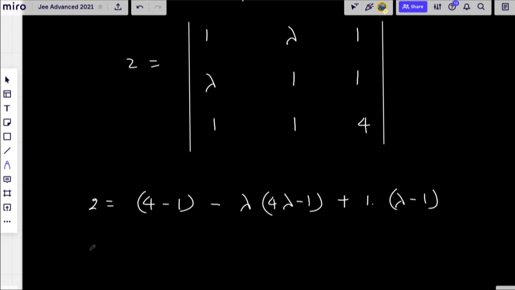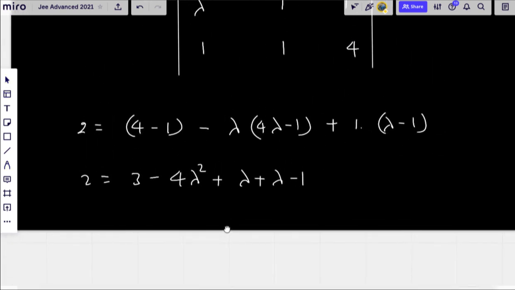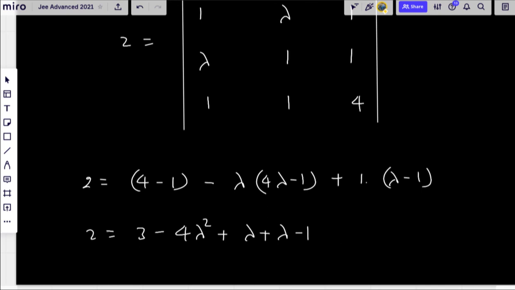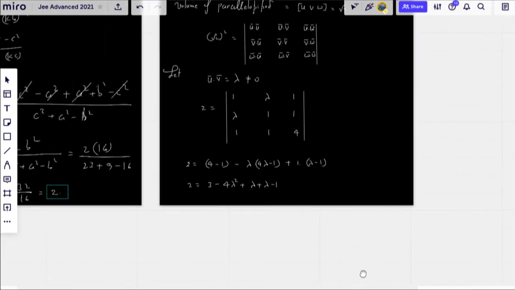So 2 is equal to 3 minus 4 lambda square plus lambda minus 1.